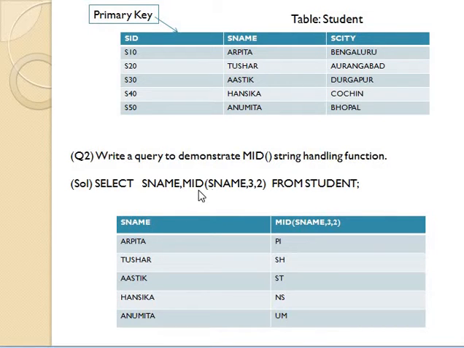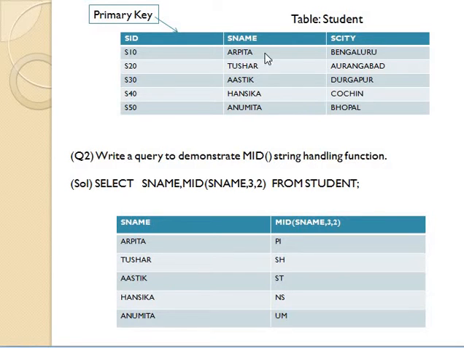And then the second part of the select statement, that is mid of sname, 3, 2, uses the mid function to extract two characters from each of the entries of the column sname starting from the third position.